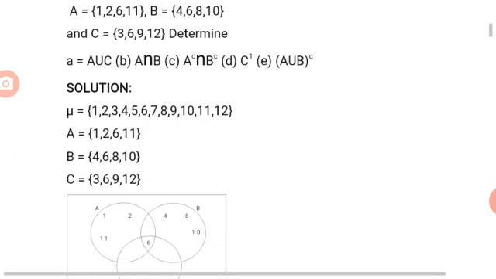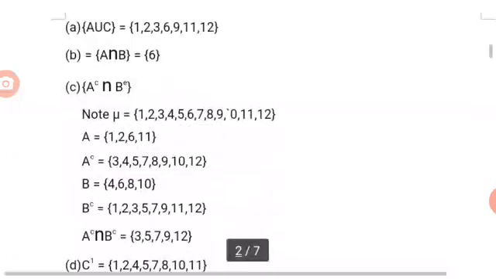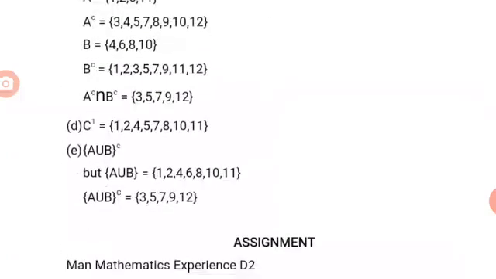So you will agree with me that C complement in this case will be 1, 2, 4, 5, 7, 8, 10, and 11. Are we together?